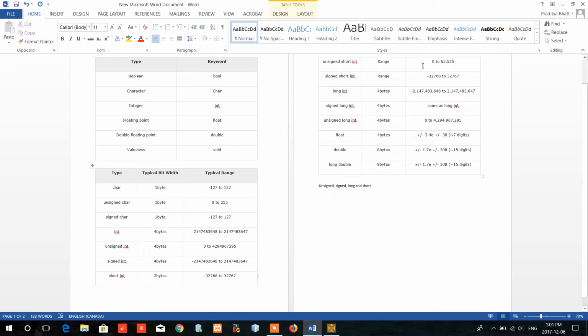If you use unsigned, it's still a short, small range, but just in the positive direction. Signed has the same function as any other signed data type.